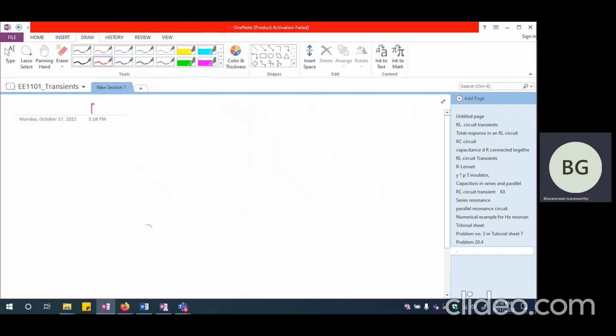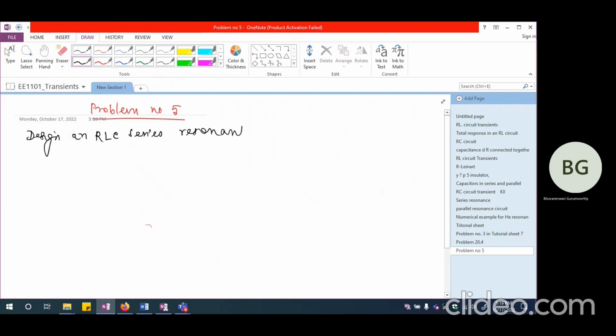So this is problem number 5. It says design an RLC series resonant circuit. Bandwidth has to be 5000 radians per second. This is the bandwidth.